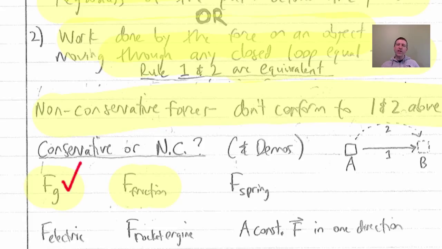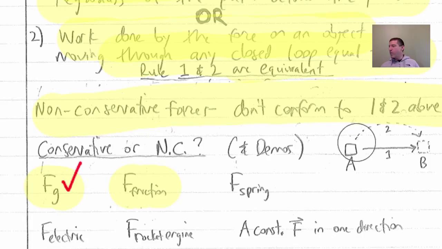Now the thing about friction is, by the way, we're looking down on the table, okay? So we're looking down on the table as we see it travel these 2 different paths. Friction, if it's on a table, will always oppose the direction of the motion. So the angle between the force that friction exerts and the displacement, if we're dragging along the table, the angle between those 2 vectors will always be 180.